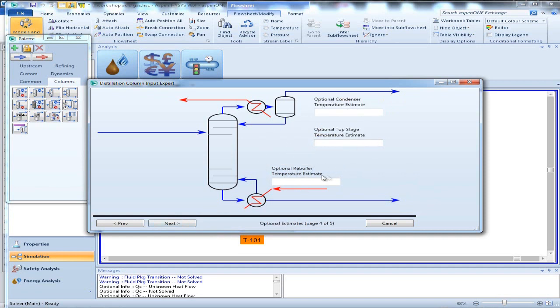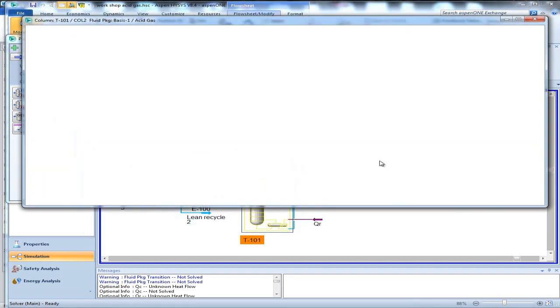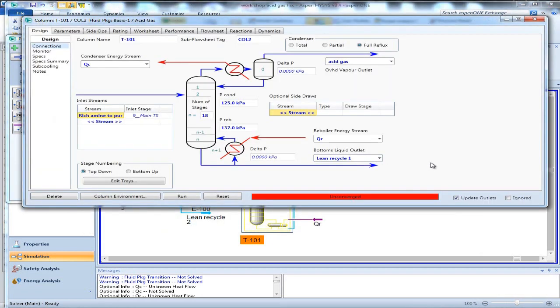We don't know the temperature here, but later on we will use that as the spec, because this is also an optional value, as well as the reflux ratio.